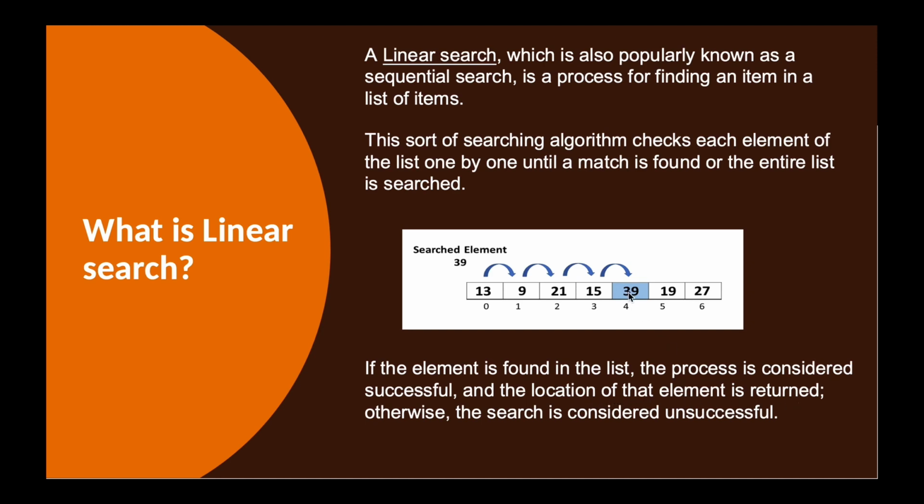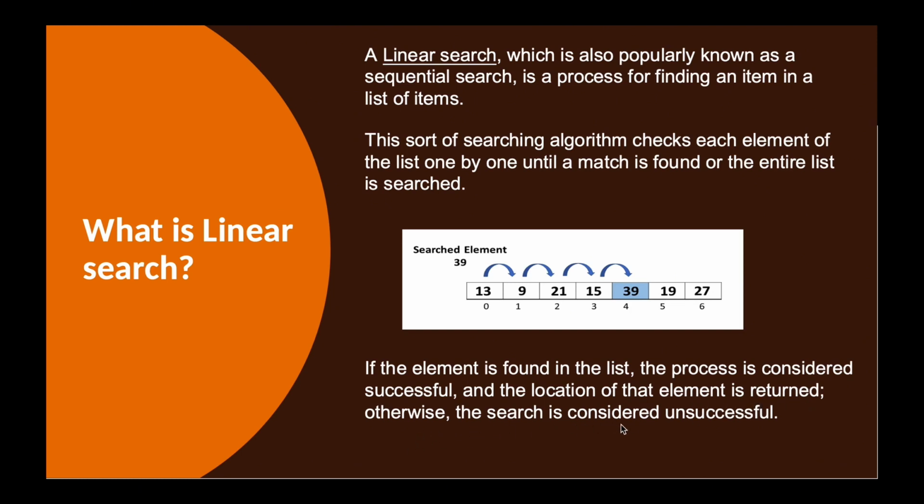This is the location of the element 39. The index here is locating the 39. If you are looking for 39 on your phone, immediately you search for it, it will pop up that yes, we have found the 39. So the location of that element is returned.